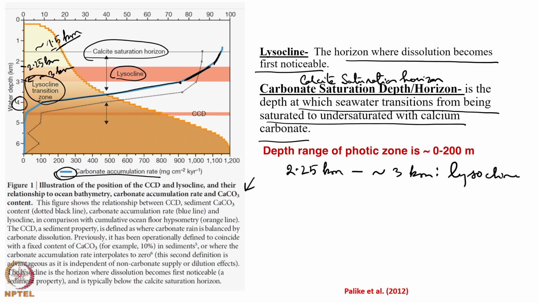At about 4 kilometer depth over here, the carbonate dissolution increases extremely rapidly. In this particular example, the CCD is here at 4.5 kilometer depth. Beyond that, the carbonate dissolution is extremely rapid and very little carbonate can be preserved. These are the meanings of the terms lysocline, CSD and CCD.